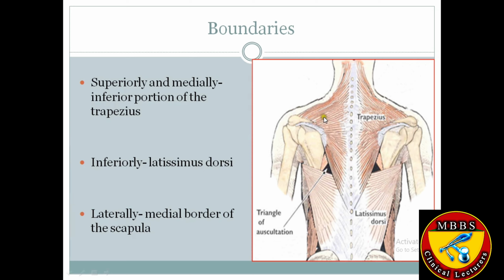This is the trapezius muscle. The inferior portion of the trapezius muscle forms the superior and the medial border of the triangle of auscultation, whereas the inferior border is formed by the latissimus dorsi muscle and the lateral border is formed by the medial border of the scapula.